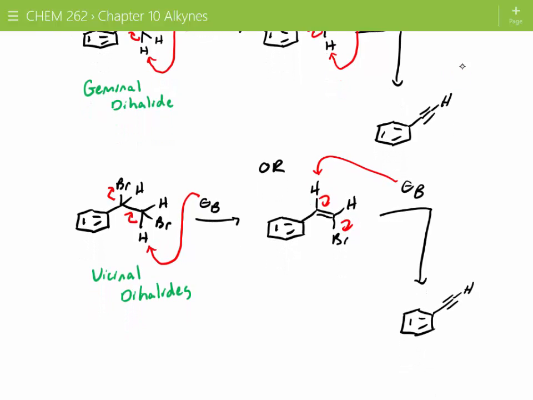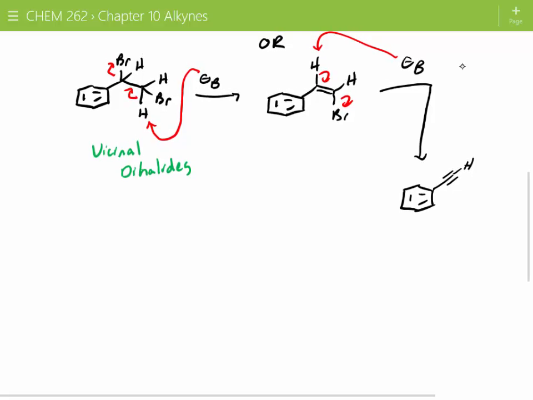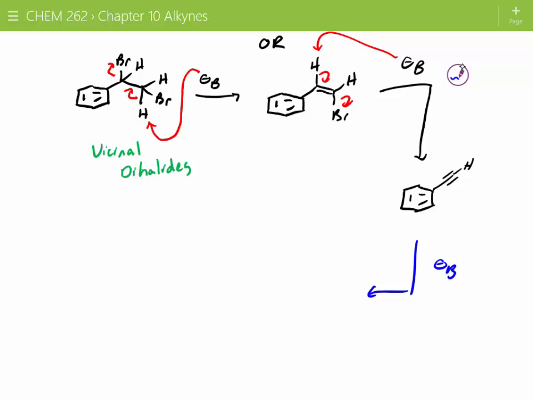I've got a question for you guys. What happens if we have more base around? More than two equivalents of base? Let me change the color here. No, you're right, it keeps on going. The question is, where's our most acidic proton on that alkyne?